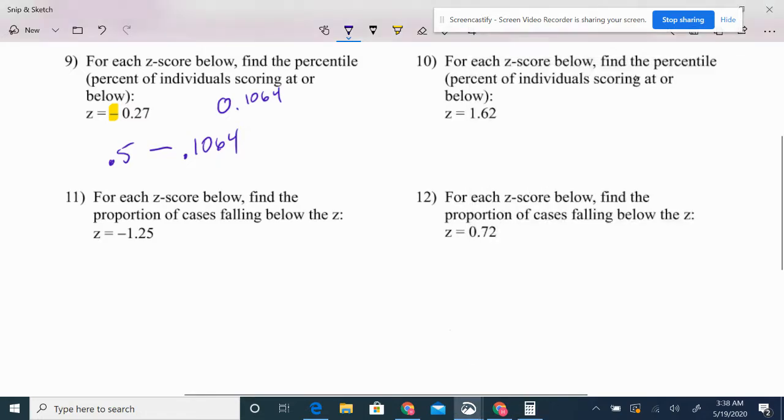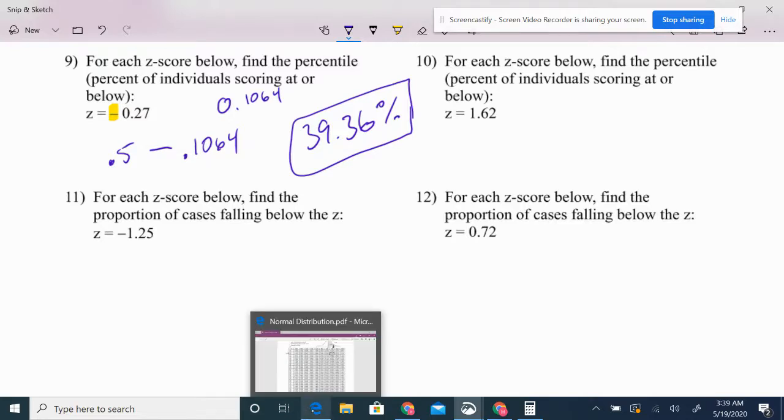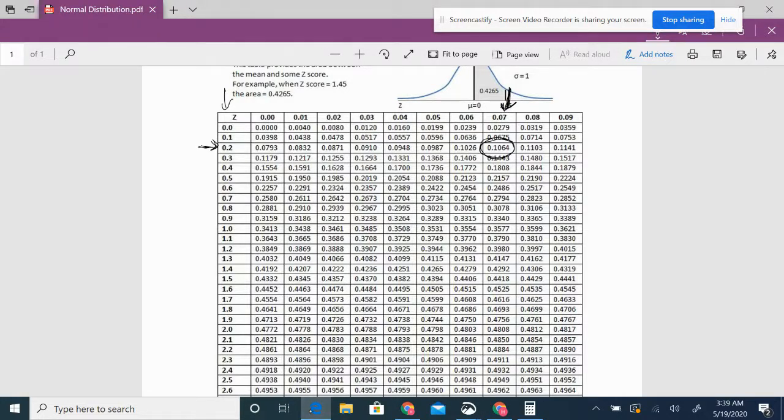So I'm just going to say 39.36%. That's it. Let's take a look at question number 10. For each z-score, find the percentile or percent of individuals scoring at or below 1.62. Okay, so let's take a look. 1.62.